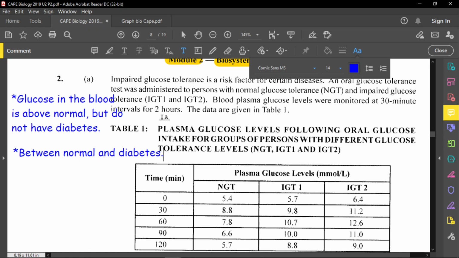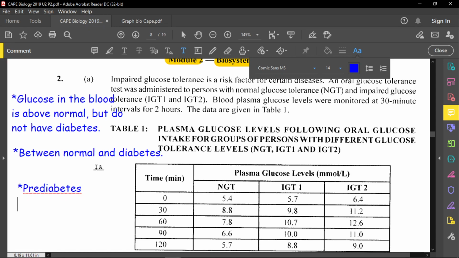All right, so you can also state it to be pre-diabetic. So this is also what they call pre-diabetes as well, okay? All right, so those are ways that you can describe the term impaired glucose tolerance.